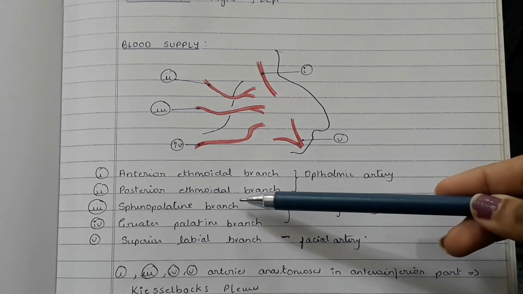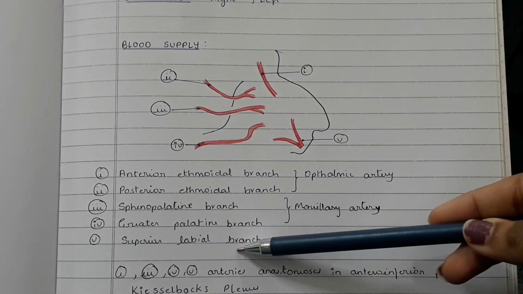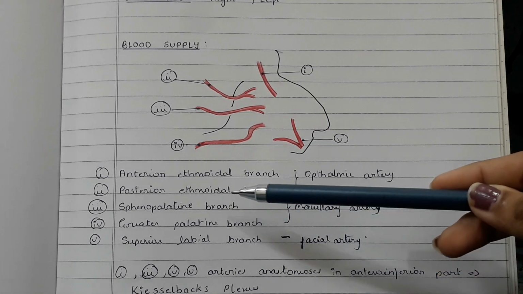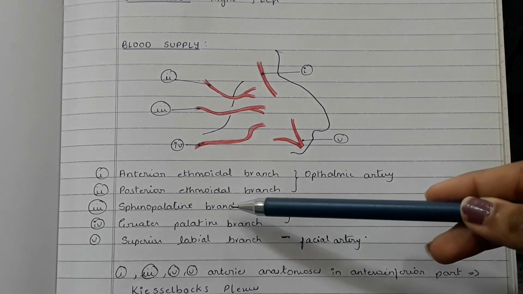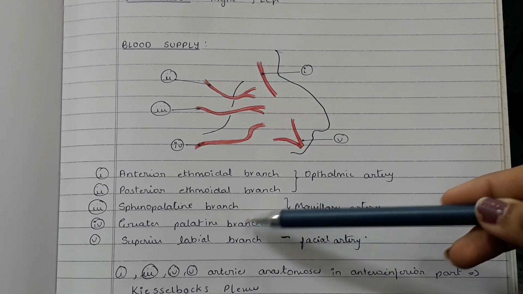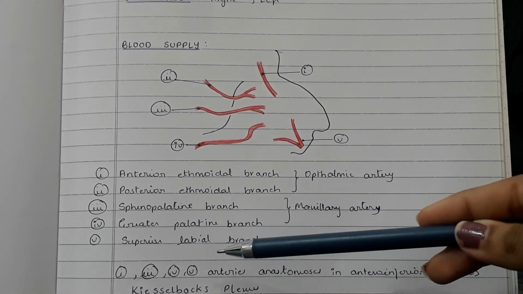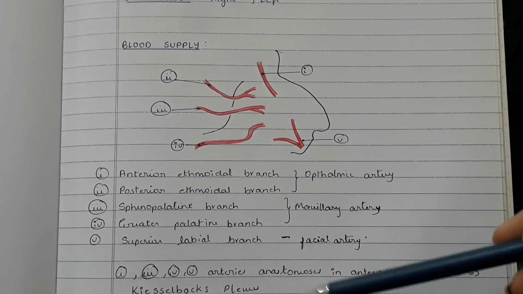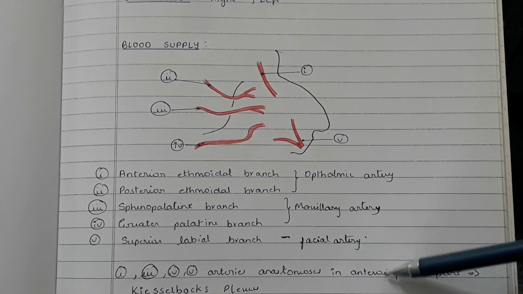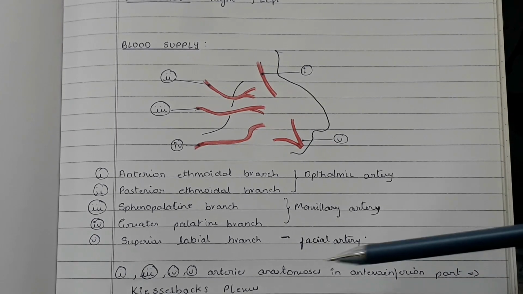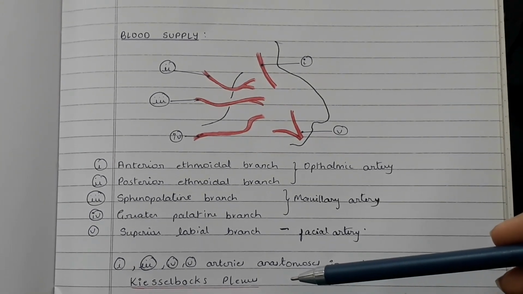The first, the third, fourth and fifth, that is the anterior ethmoidal branch, sphenopalatine branch, greater palatine branch and the superior labial branch arteries, anastomose in the anterior inferior part to form the Kiesselbach's plexus.